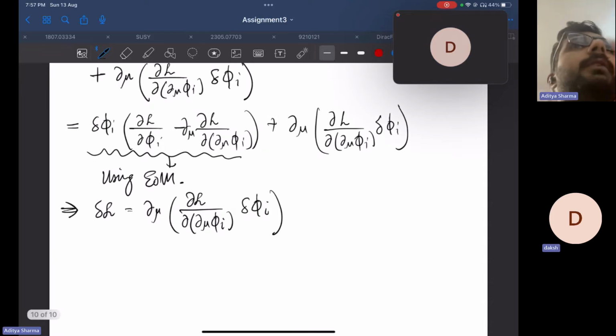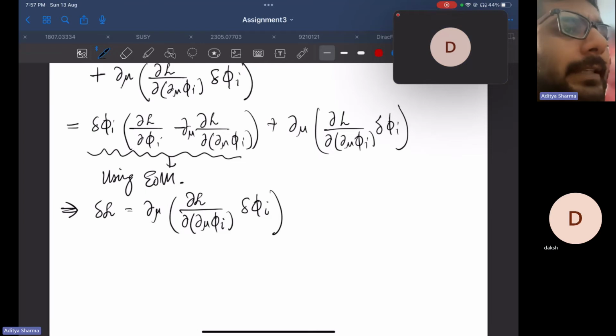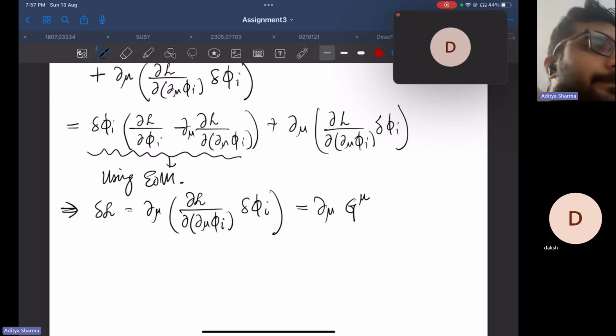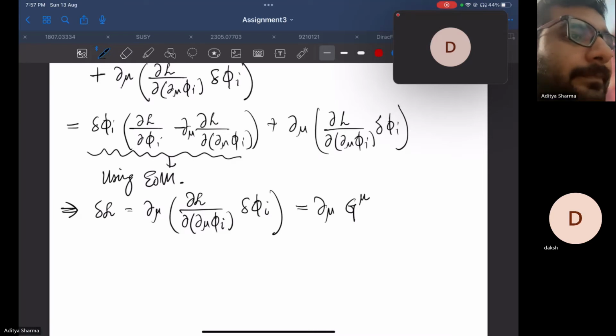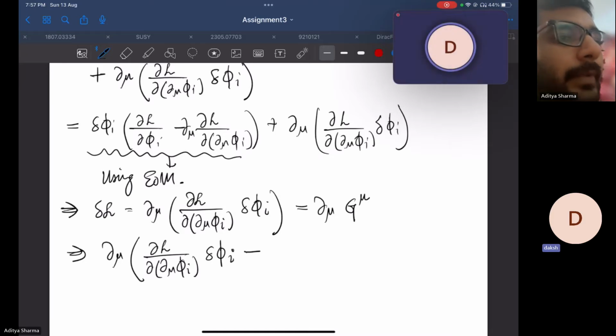Okay. Now I'm saying that my delta L itself is some kind of dou mu G mu, right? So I'll take this common and I'll find that dou mu, dou L minus G mu is equal to 0.